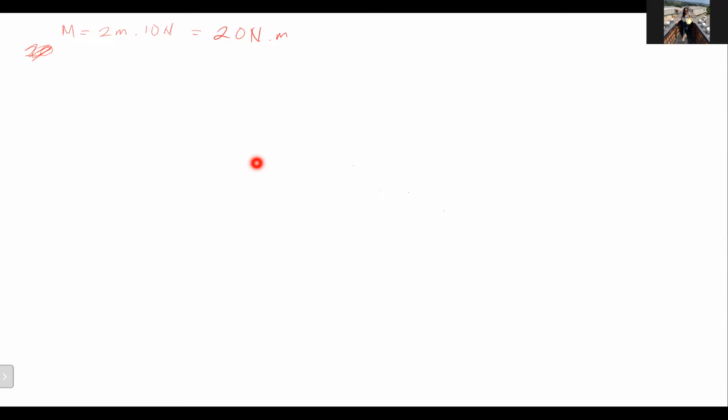May I see the diagram again? The one you put in the last slide for this calculation? Diagram, you mean? Oh, okay. So this one is point A. Then this one is the force. Force is 10 Newton. The distance here is 2 meters.